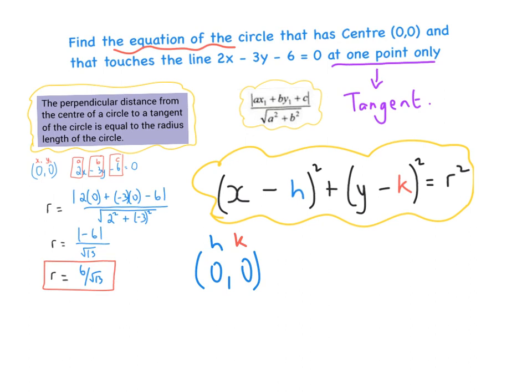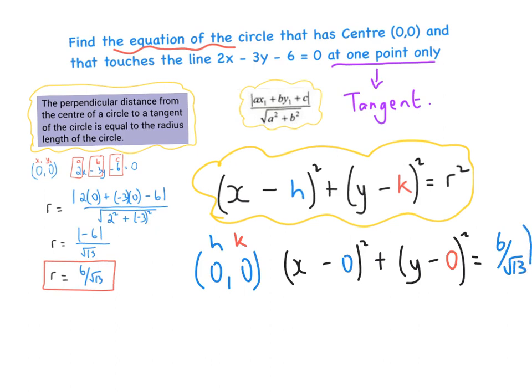And so now we have x minus 0 all to be squared plus y minus, again, 0 all to be squared. In fact, we know we could leave out that bit and just have x squared plus y squared is equal to r squared. So that's going to be 6 over root 13 all to be squared.